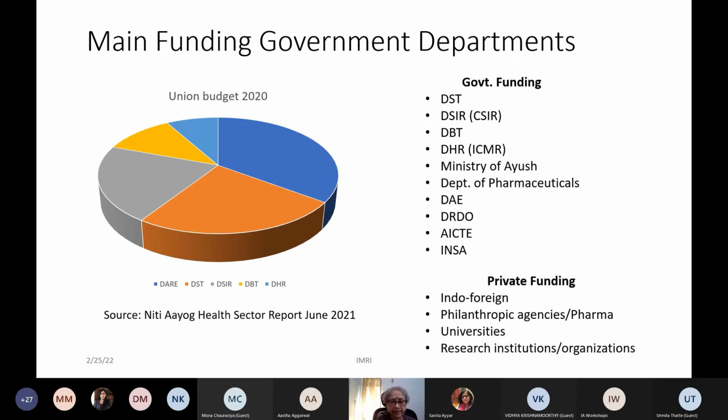Next one is DST. I don't know why this pie diagram has come like this, broken, but anyway, we'll manage. So this is DST, and then you have DSIR, then you have DBT, and then DHR.